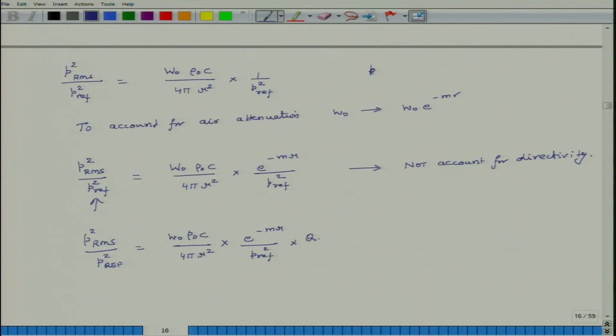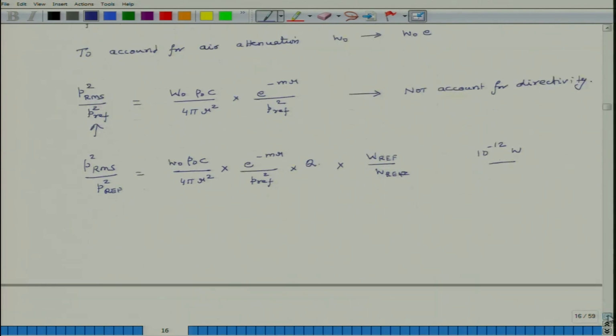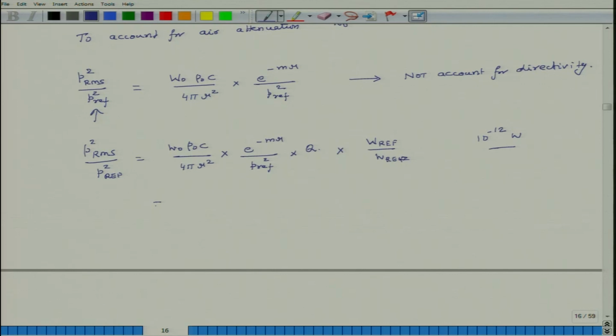The last manipulation which I do is I multiply and divide it by the same number called W ref, the reference power level. What is the reference power level? Reference power level is 10 to the power of minus 12 watts. So, I just multiply and divide it by the reference power, and I reorganize this.